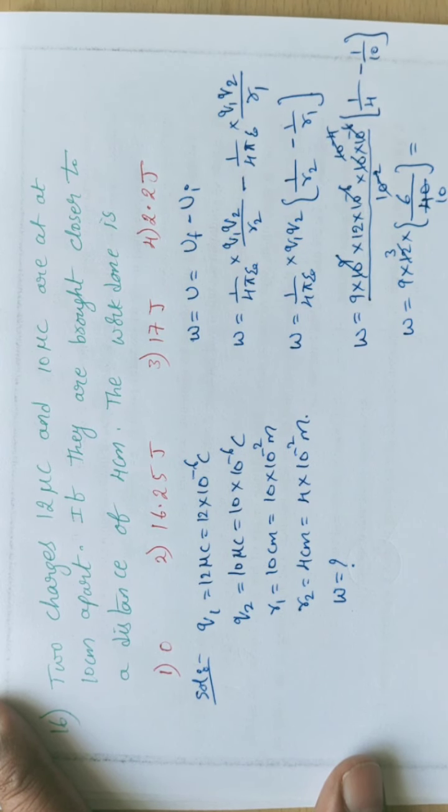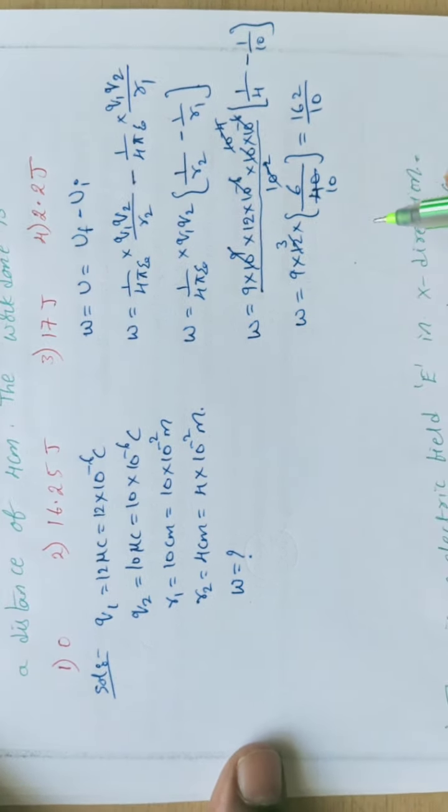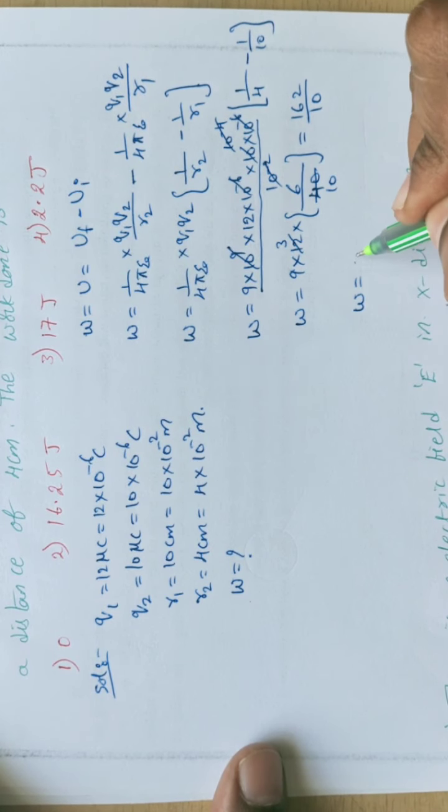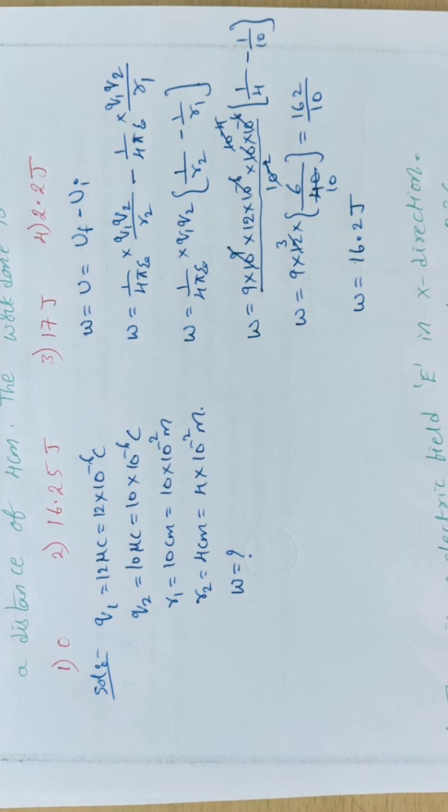So in the numerator we get 162 and in the denominator 10. Therefore the W value here is 16.2 joules. This is the way of getting the result for this problem. Okay students, next one more problem we will think about now.